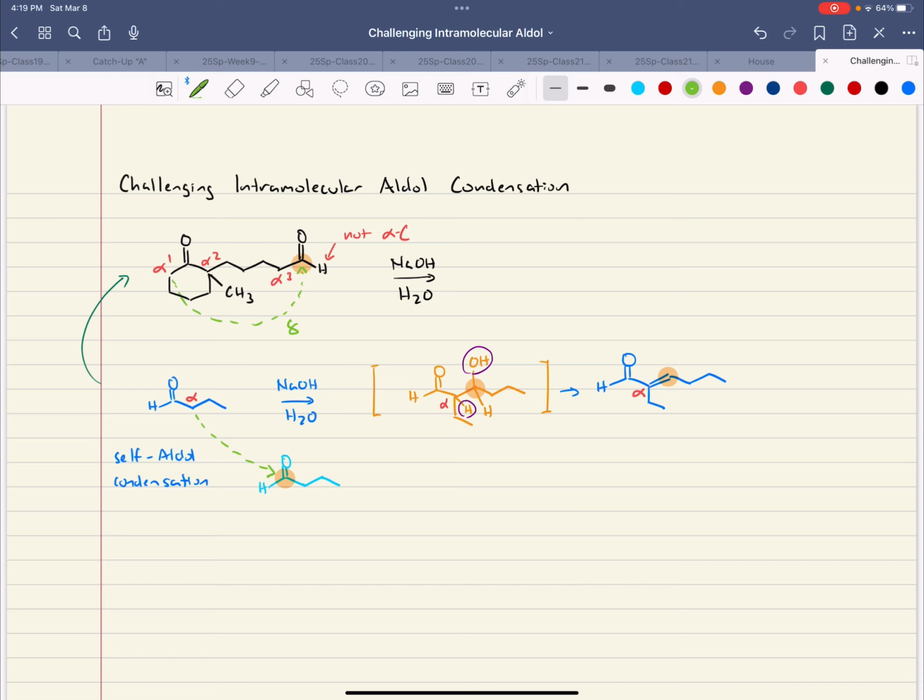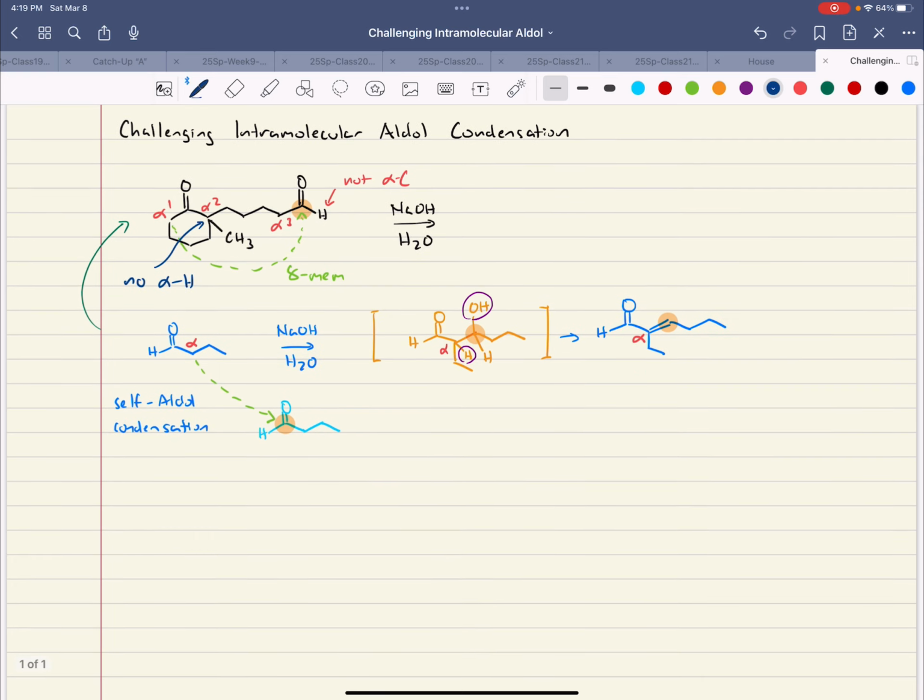You will not make an 8-carbon ring very easily, so this will result in an 8-membered ring. I'm counting 1, 2, 3, 4, 5, 6, 7, 8. Okay. This alpha carbon has no alpha hydrogens. Yikes. So here, there's no alpha hydrogen. So how can you make the enolate? You cannot. So our only option is A3 or alpha 3.